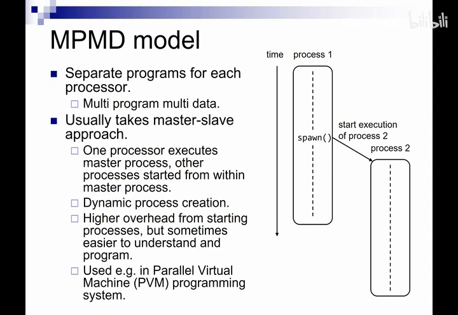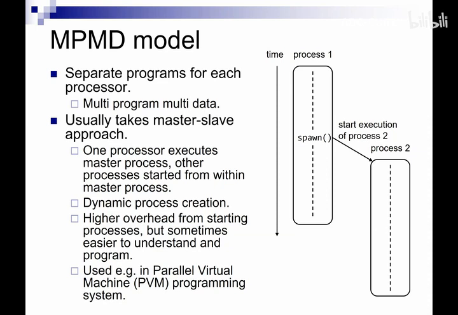The program that the slave processes run can be different from the master process's program. That's why it's called multi-program, and that's one difference from MPI or the SPMD model. The other difference is that with MPI, you start all of your processes at the beginning.